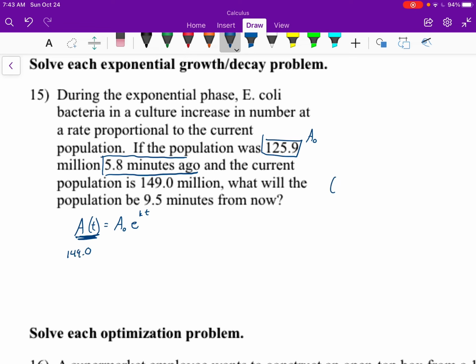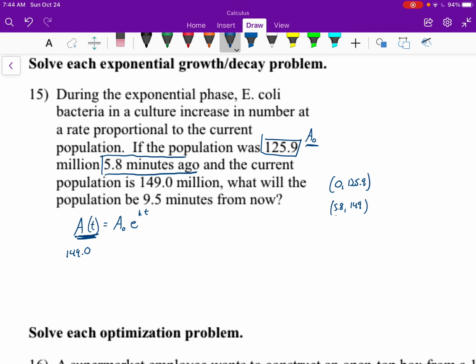149.0. So in fact, kind of what we have here is we have the 0, 125.9. That's our initial amount. And then we have an amount later on. We have 5.8, 149. And remember, these amounts are in millions. So this is our t and A of t.